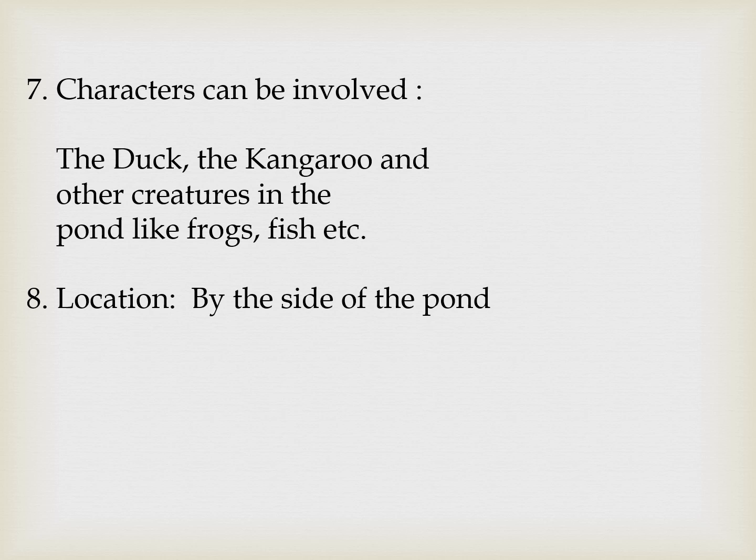Already the main characters are the duck and the kangaroo, and other creatures can be added in this poem. While presenting, we can add some characters like frogs, fish, tortoise, and many more, and the animals around in the forest. Everything we can make.